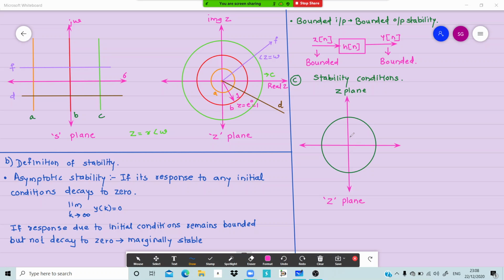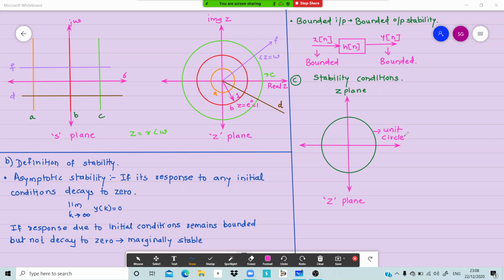So what I was telling, and minus infinity is giving this point. That means whatever area is inside the circle, this whole thing inside the circle, this is a unit circle, a circle with radius equal to 1.